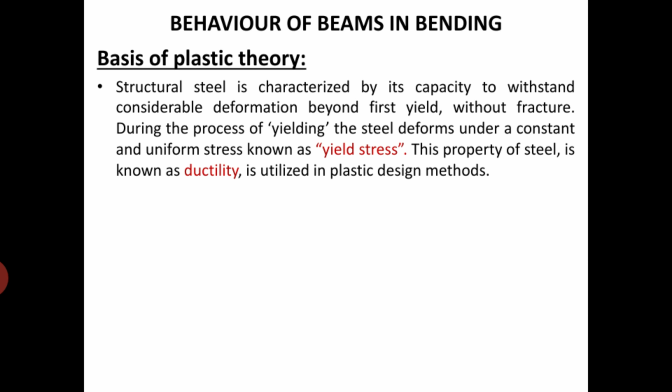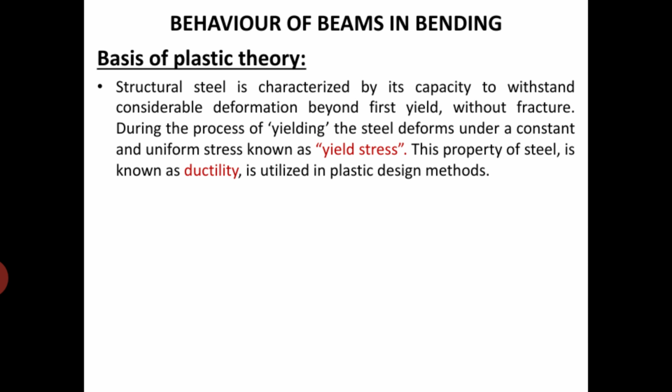As we know, in the elastic design method, a structure is allowed to take up a load up to a certain limit well below the yield point, and usually extreme fibers are allowed to reach the yield stress, and the remaining portion will have a stress lesser than the yield stress. So this is in the elastic zone, and therefore we will not be using the full capacity of the steel.